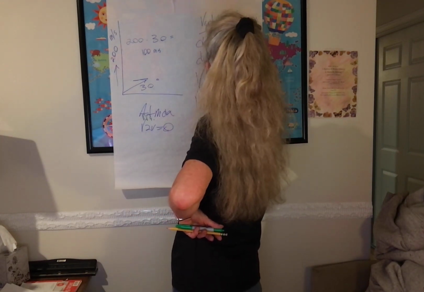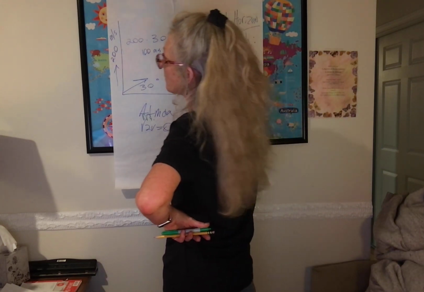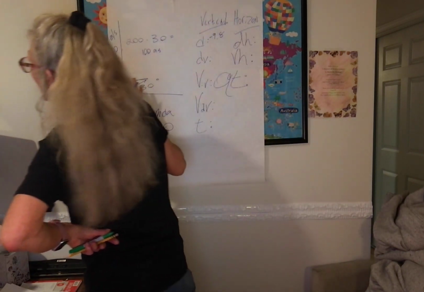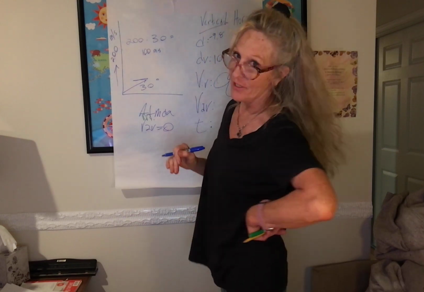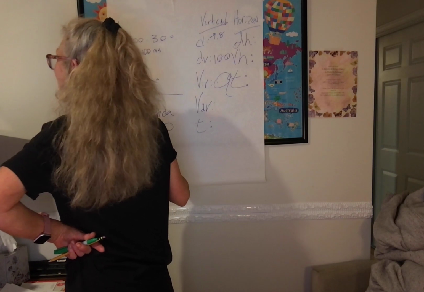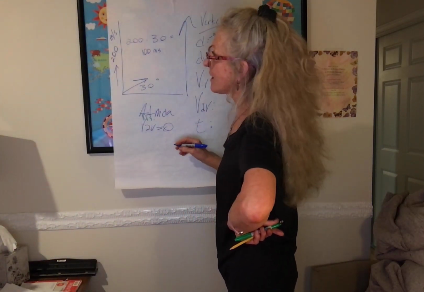We know that the acceleration here is negative 9.8, and I have 100. So I have 3 of my variables, and I can plug them in, and we can know how high it went.